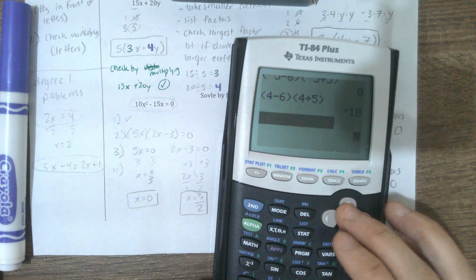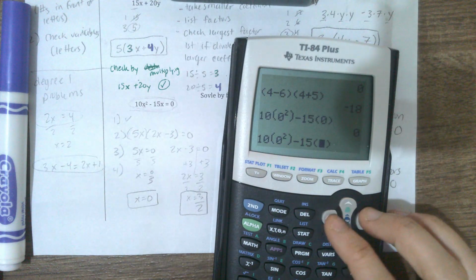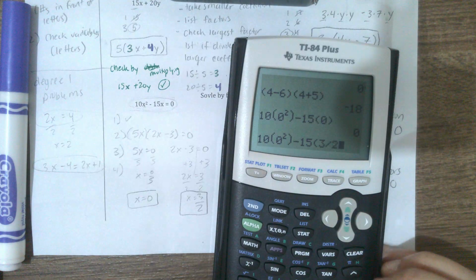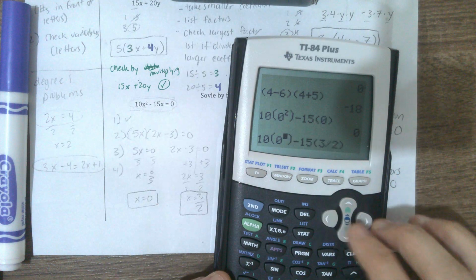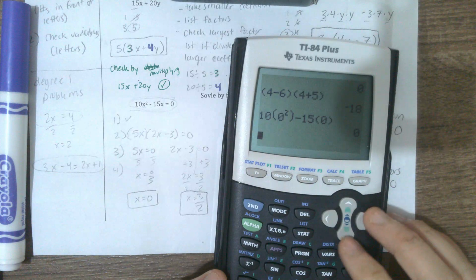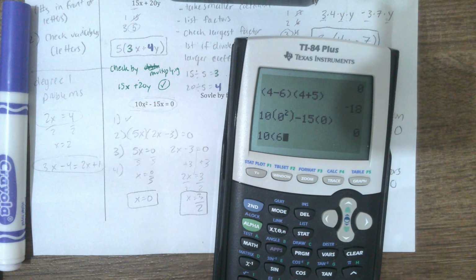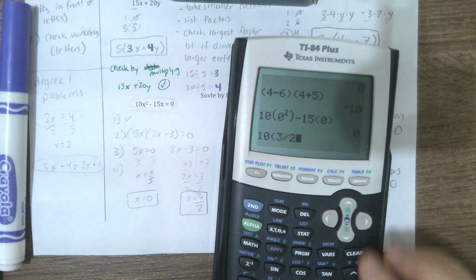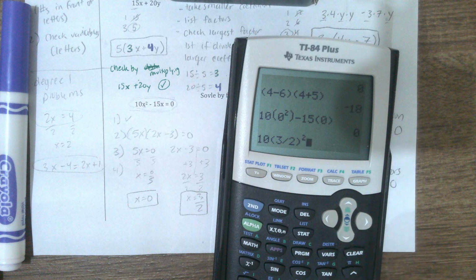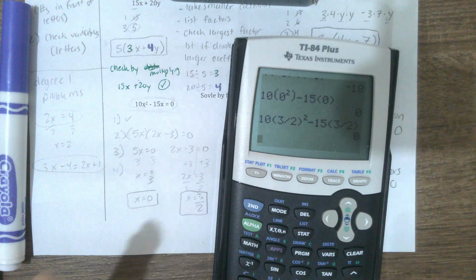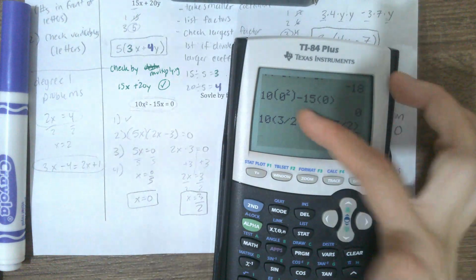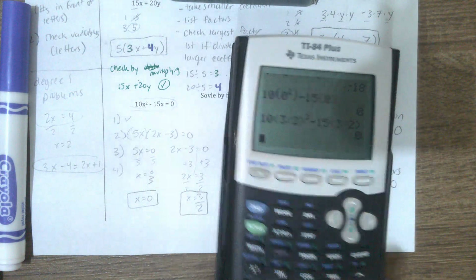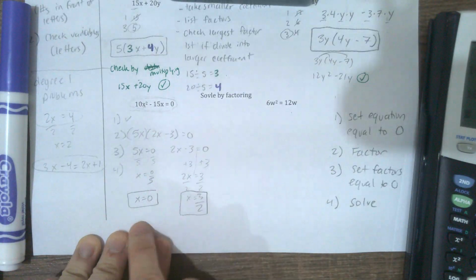And then we're going to take that again and replace 0 with 3 over 2. So 10 times (3 divided by 2) to the power of 2 minus 15 times 3 divided by 2. That equals 0. So we found our two solutions, right? 0 and 3 over 2. So those are the two things that make this equation true, right?